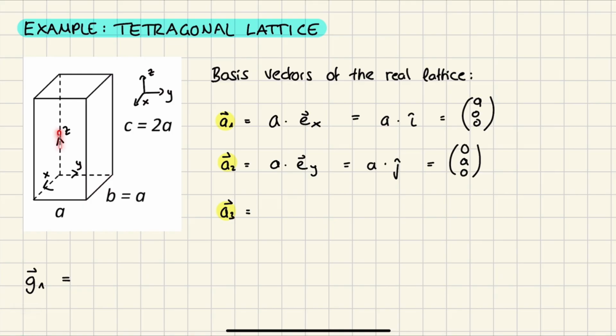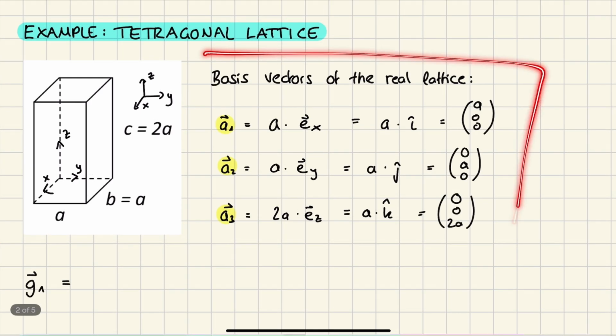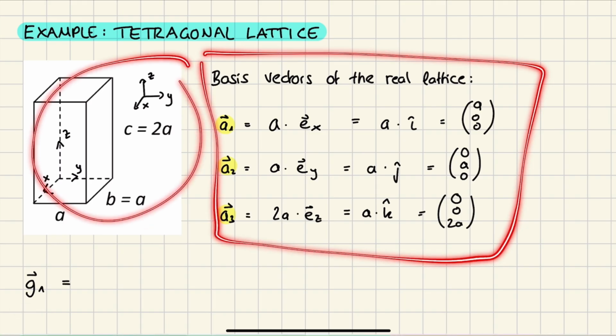Now in the z direction, we have length c, which is 2a. So for a3, we have 2a times the unit vector in z direction, aka 2a times k hat, aka (0, 0, 2a). This is our real basis of our real lattice.